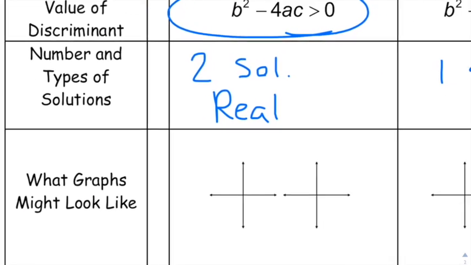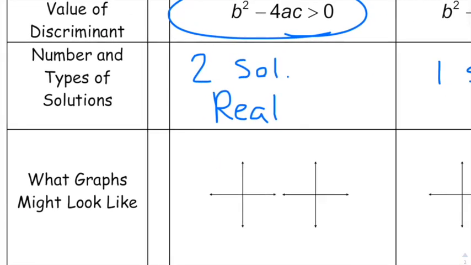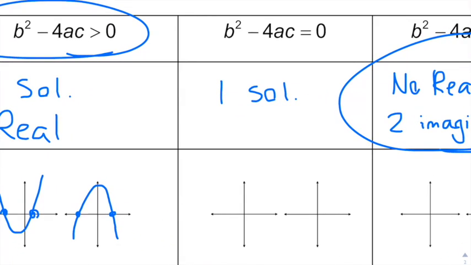Now, if you were to graph what two solutions looks like, we need to graph something with two x-intercepts. It can go up, it can go down, it doesn't matter. Something with one solution needs to have one x-intercept, where it just barely touches and turns back around. There you go.